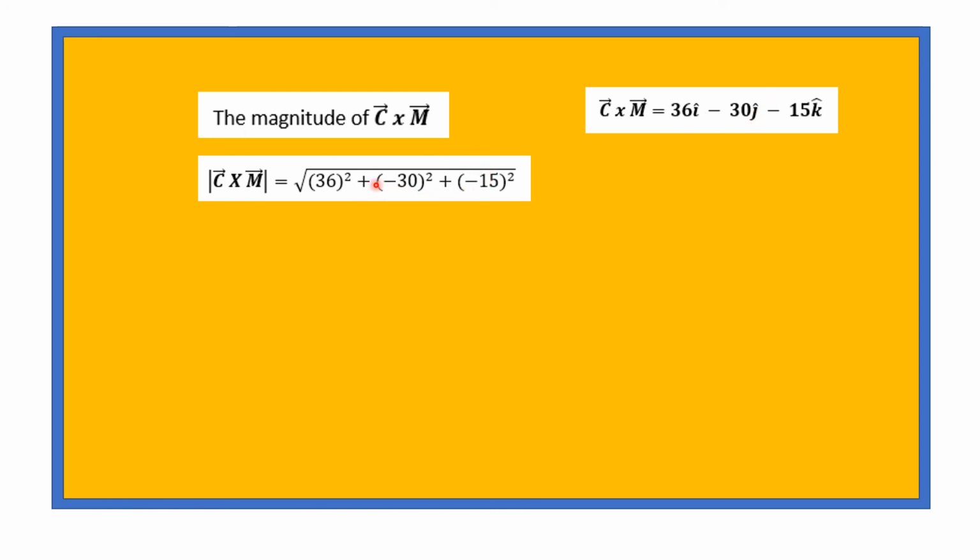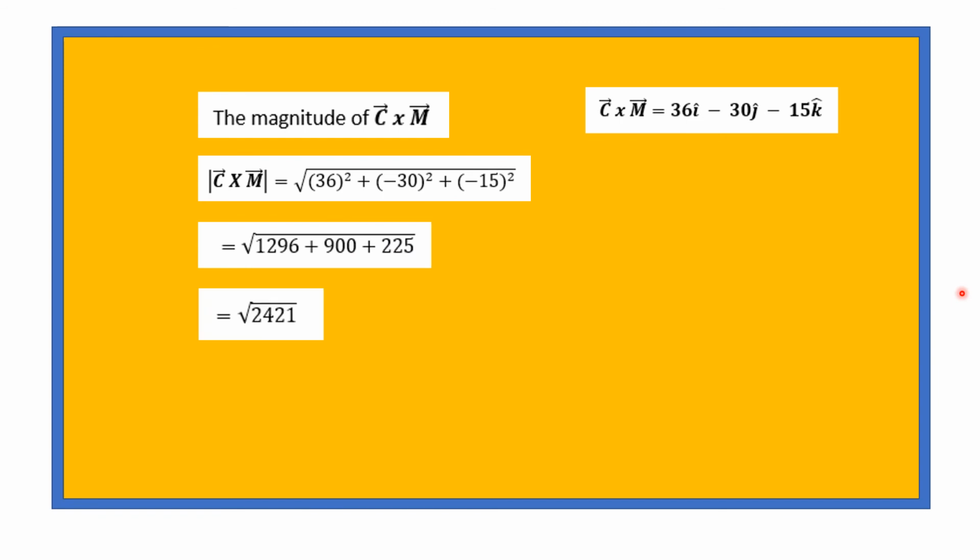So just take the square root of the sum of the squares. This is equal to 900, this is equal to 225. Just add all of them. We have the square root of 2,421, which is equal to 49.2. That is the magnitude of the cross product C cross M.